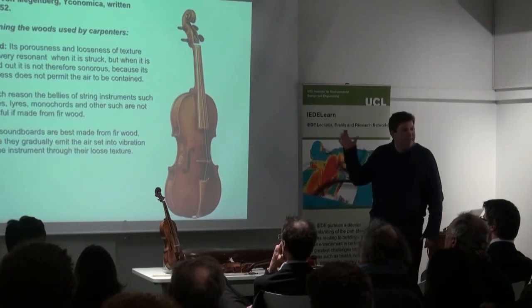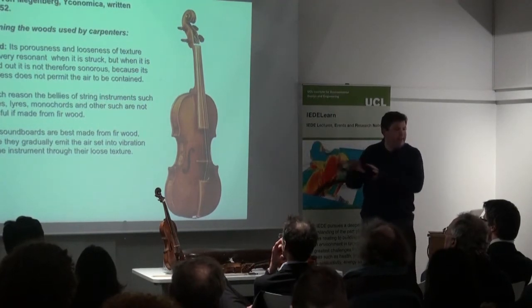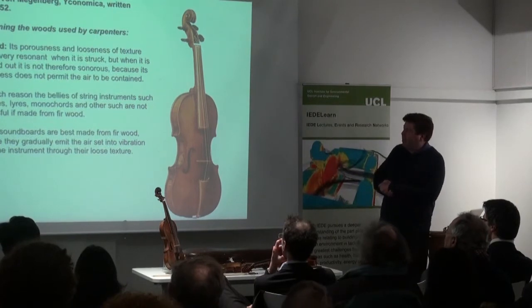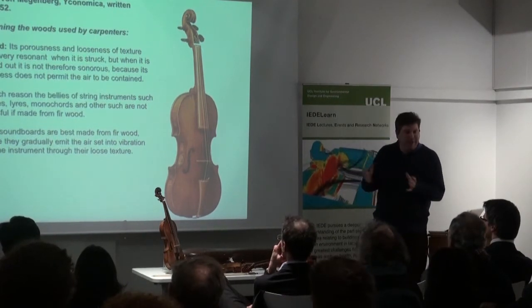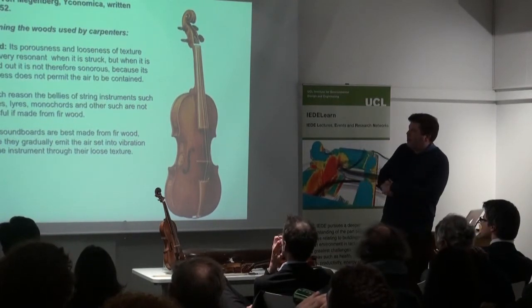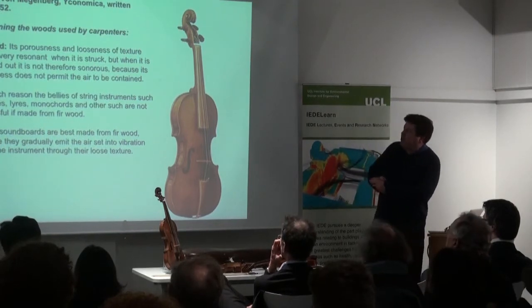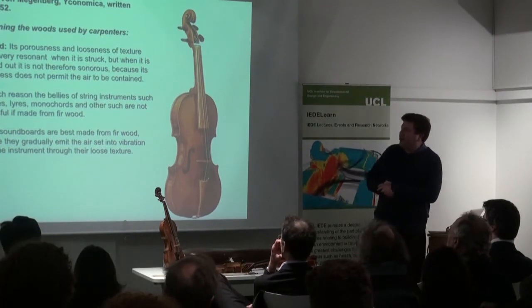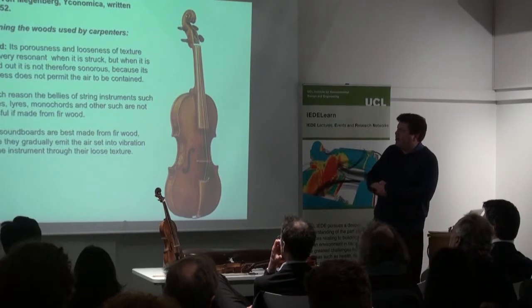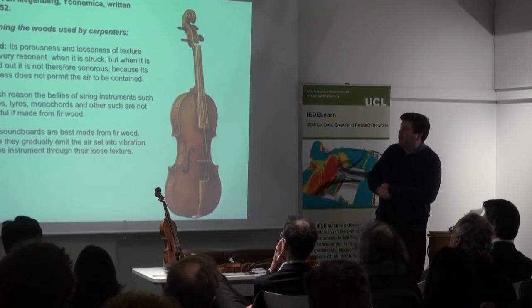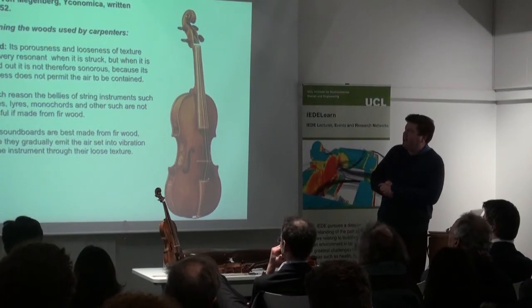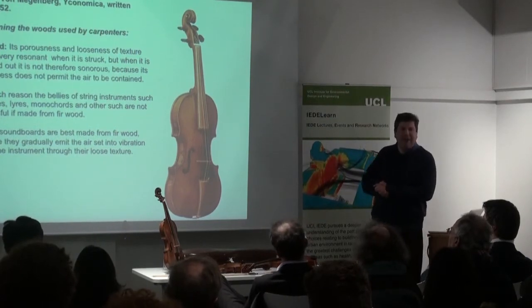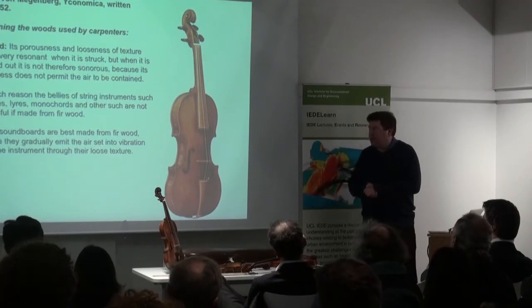From a modern scientific point of view, this is absolutely ludicrous, but he says that fir wood, so that's fir wood is pine, it's a softwood, is its porousness and looseness of texture make it very resonant when it is struck. When it is hollowed out, it is not therefore sonorous because its porousness does not permit the air to be contained. So basically they're saying it's a bit like a sponge.